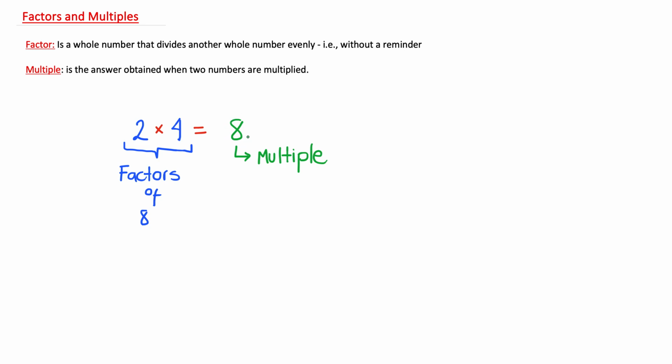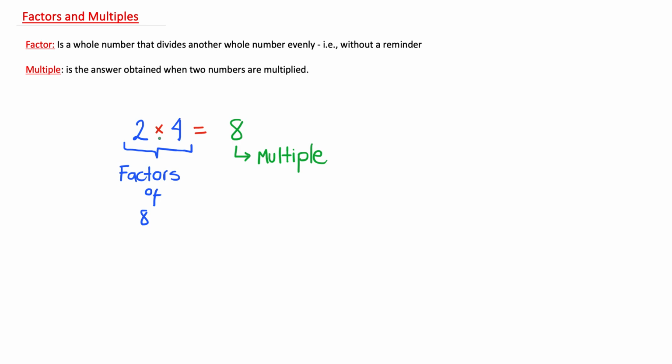When I divide 8 by 2, do I have any remainder? No, I don't. If I divide it by 4, do I have any remainder? No. So the numbers that are multiplied to obtain the 8 are called factors. These ones are factors of what number? Of 8. Okay? But what are the multiples?